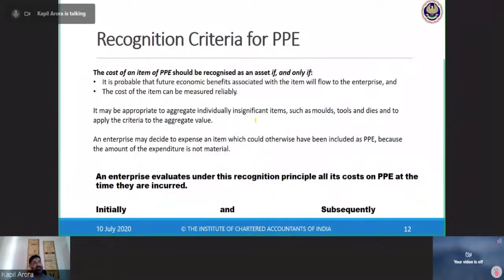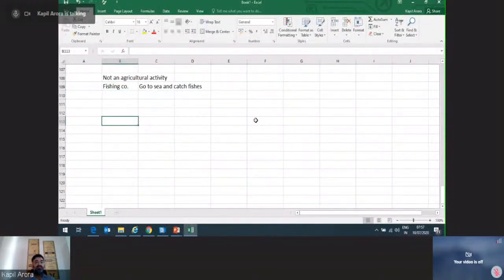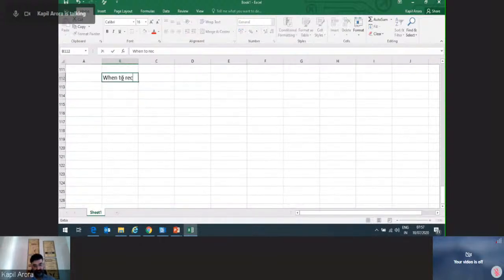Okay, so once we have understood the concept of which could be considered as property, plant and equipment, now the question comes up: when to recognize property, plant and equipment in books, right? For example, we have spent money on something.